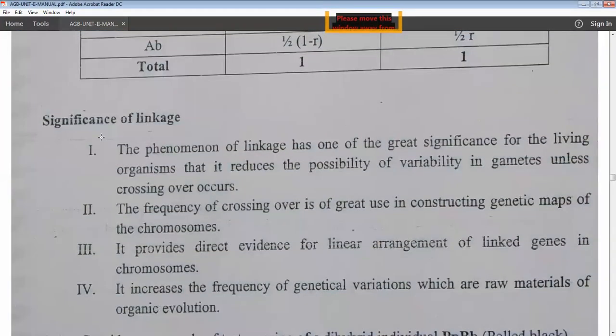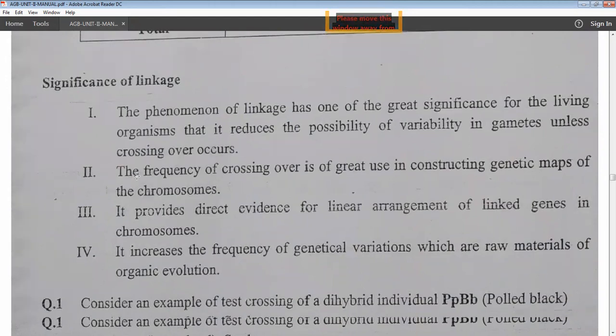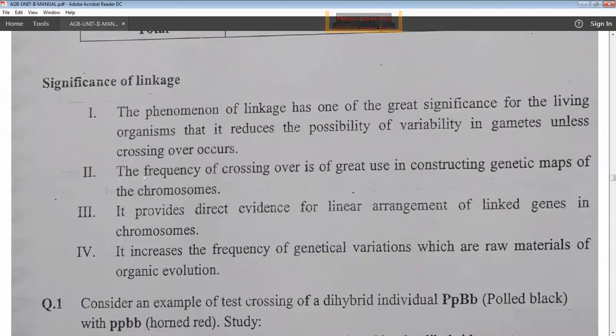The significance of linkage: the phenomenon of linkage has great significance for living organisms in that it reduces the possibility of variability in the gametes unless crossing over occurs. The frequency of crossing over is of great use in constructing genetic maps of chromosomes.